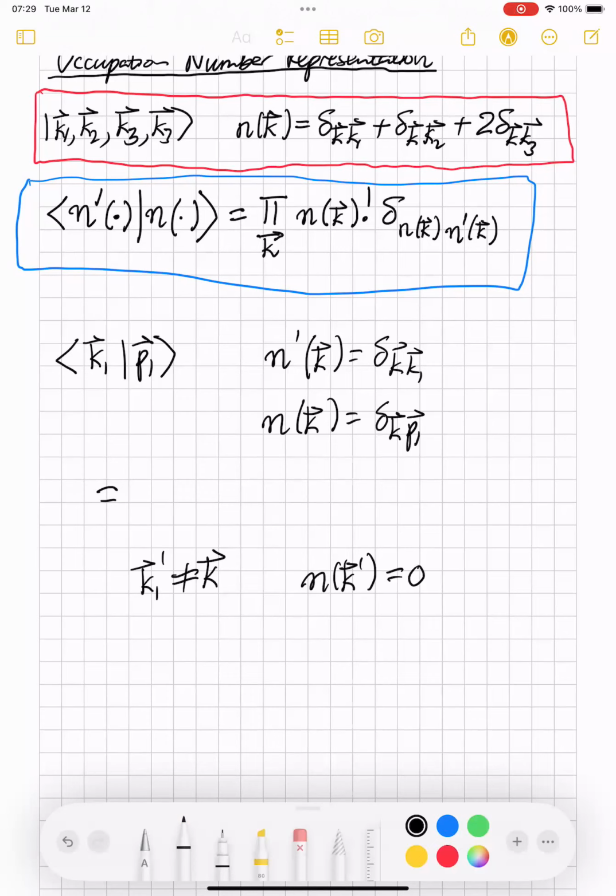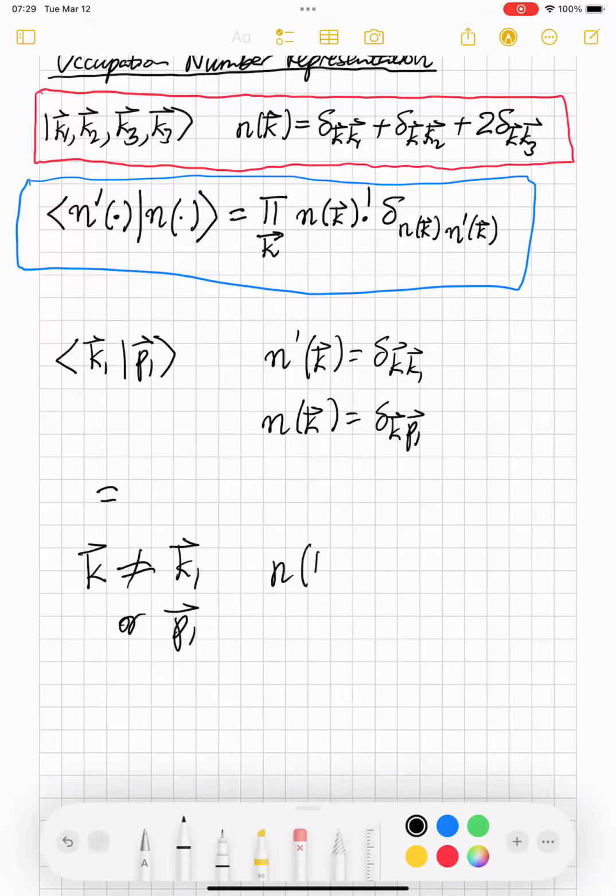Let's imagine that we're taking a momentum k, and k is not equal to either k1 or p1. In that case, n of k is just 0, because k is not equal to p1. So that's just naught.